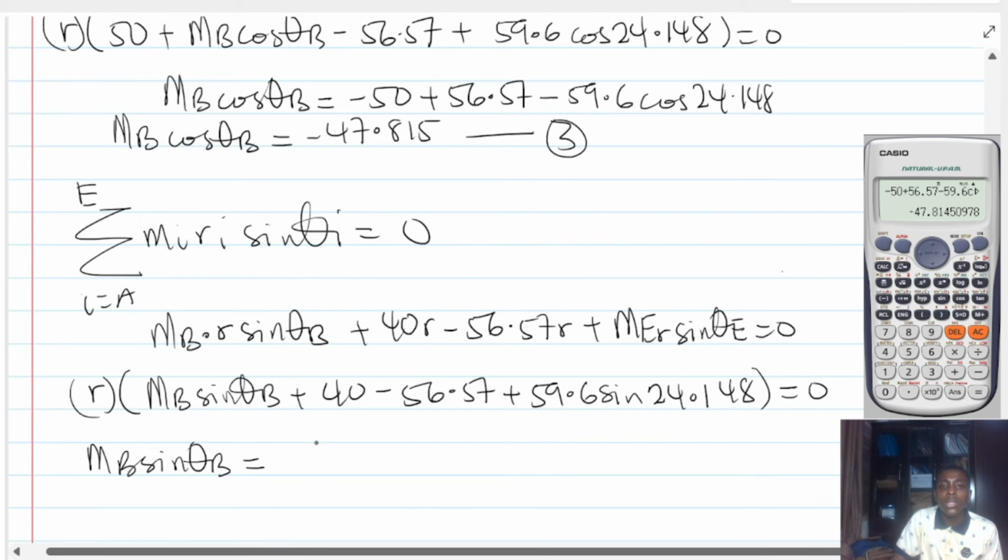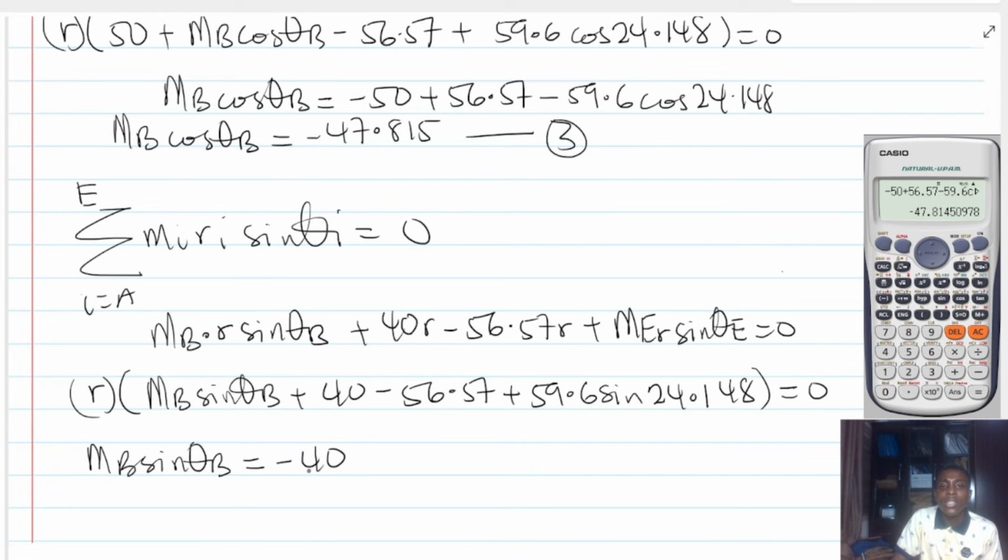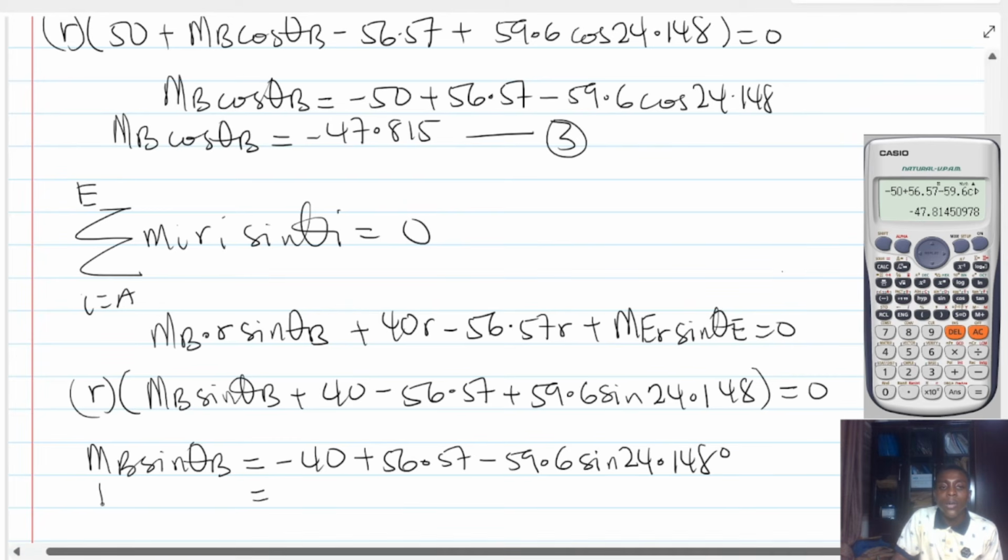Okay. So I can say that my MB sine theta B is actually what? It's going to be minus 40 plus 56.57. And then I'm going to do minus 59.6 sine 24.148 degrees. And what is that?